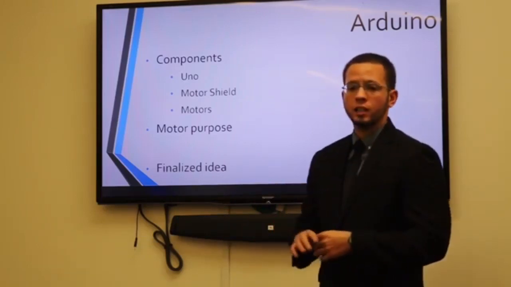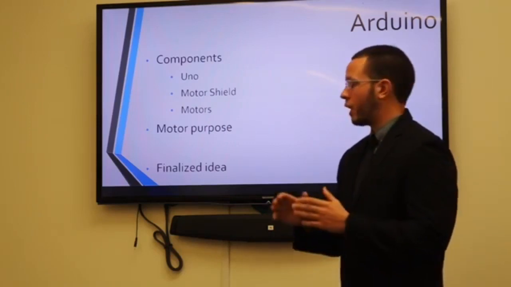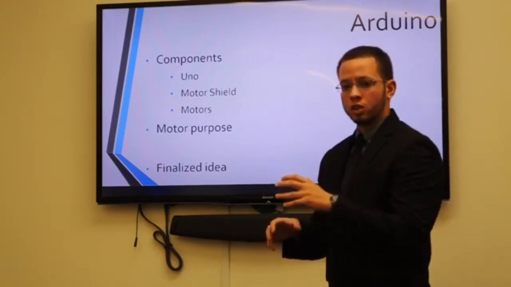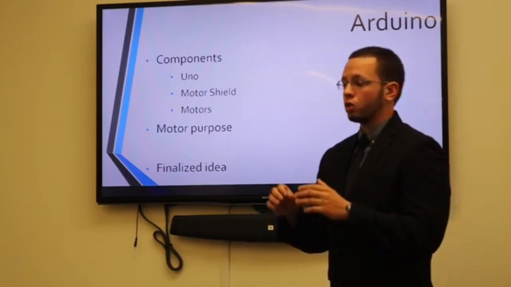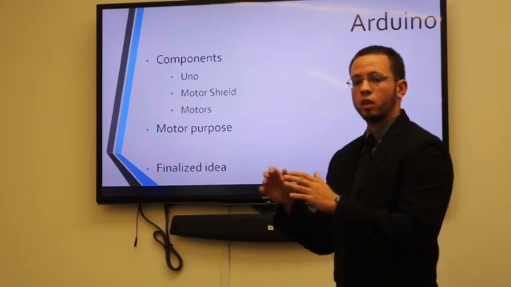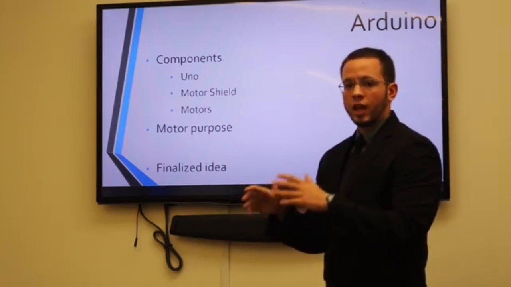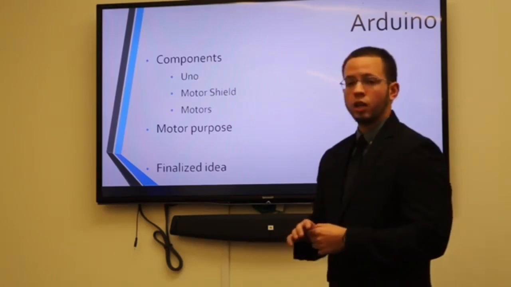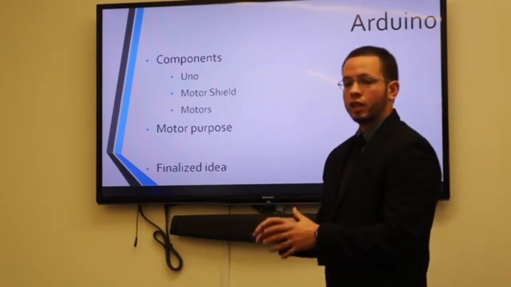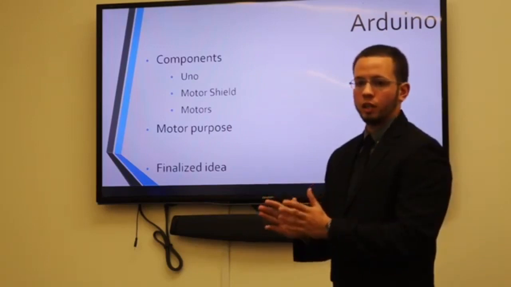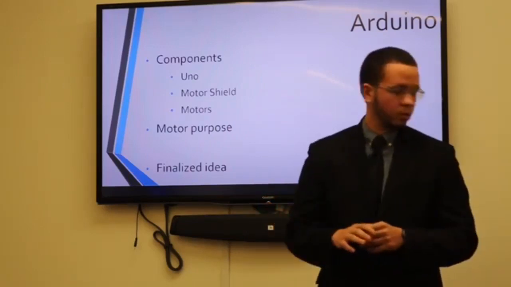Our finalized idea is the fact that when a potato is loaded onto the system, we will then check the distance between the potato and the actual distance sensor, which will be required as well. That will then translate into the amount of speed necessary to create the amount of force needed to cut the potato.